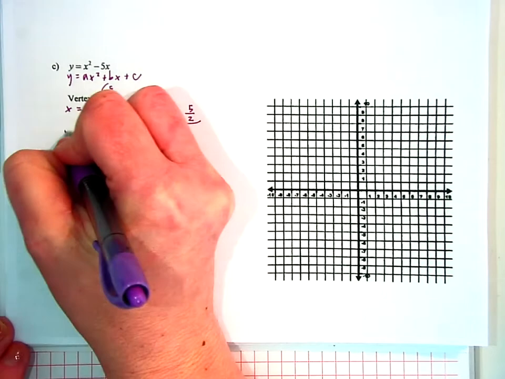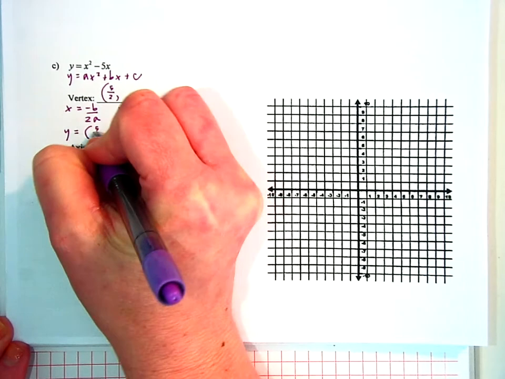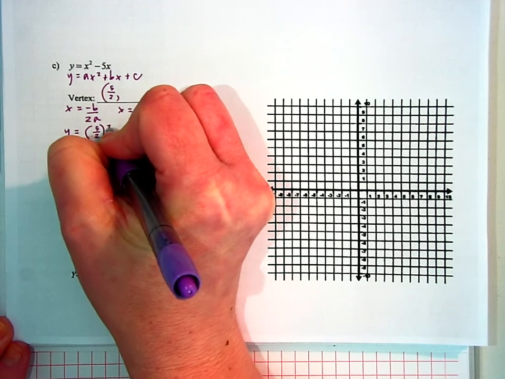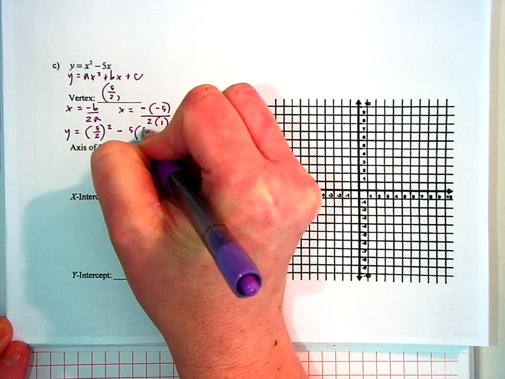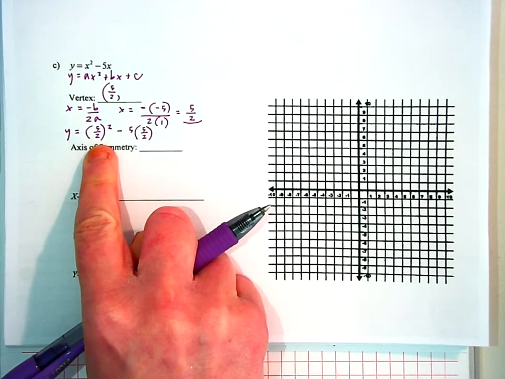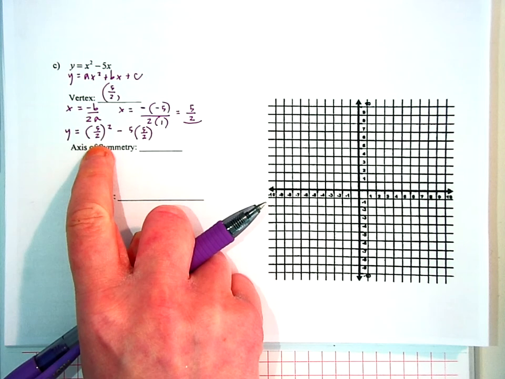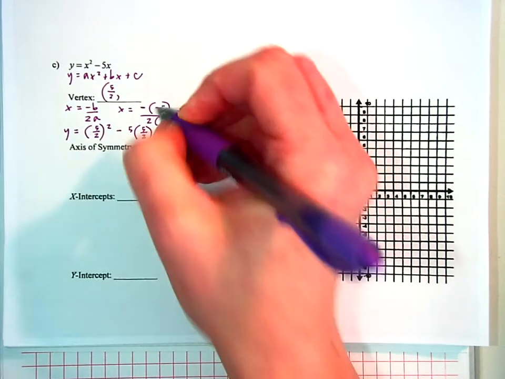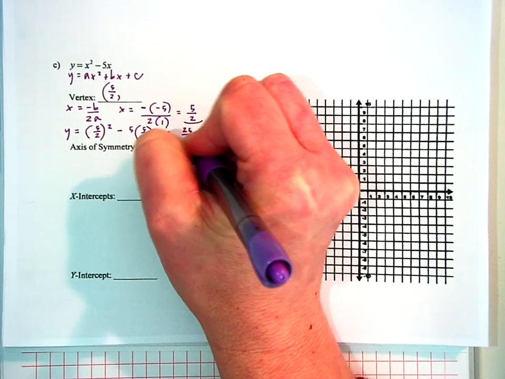Okay, for the y value, we need to plug in the 5 halves. So 5 over 2 squared minus 5 times 5 over 2. Okay, so if I take 5 over 2 squared, that's 5 squared, so 25, over 2 squared, which is 4.